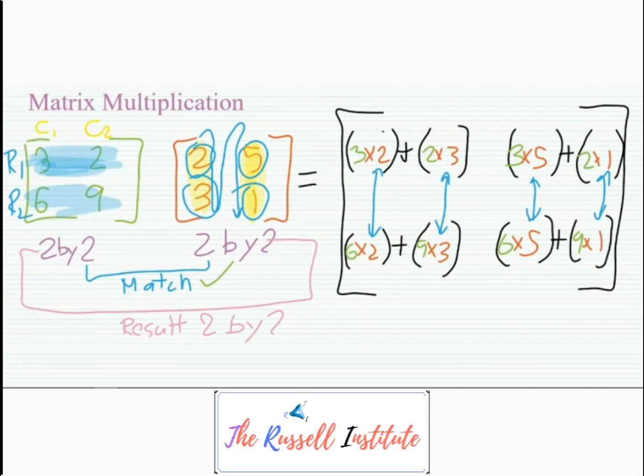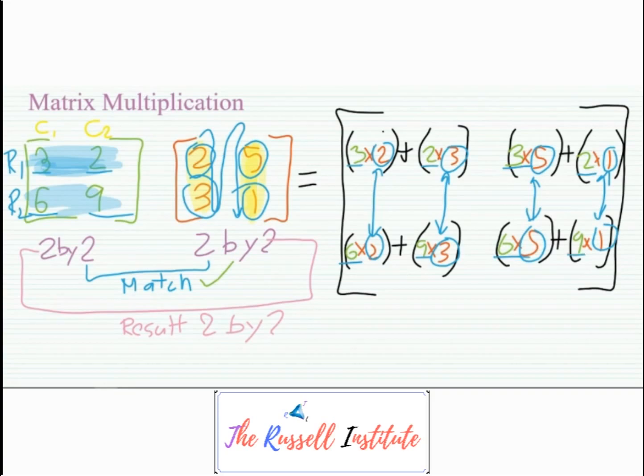And each time you do it, you repeat. So you do 2, 2, 3, 3, 5, 5, 1, 1. And the first numbers, of course, you remember that they're just the numbers in the matrix: 3, 2, 6, 9, 3, 2, 6, 9, and then 3, 2, 6, 9.